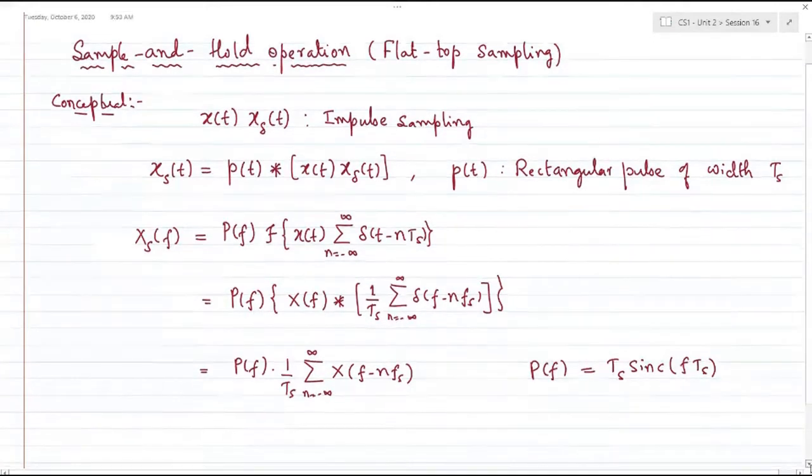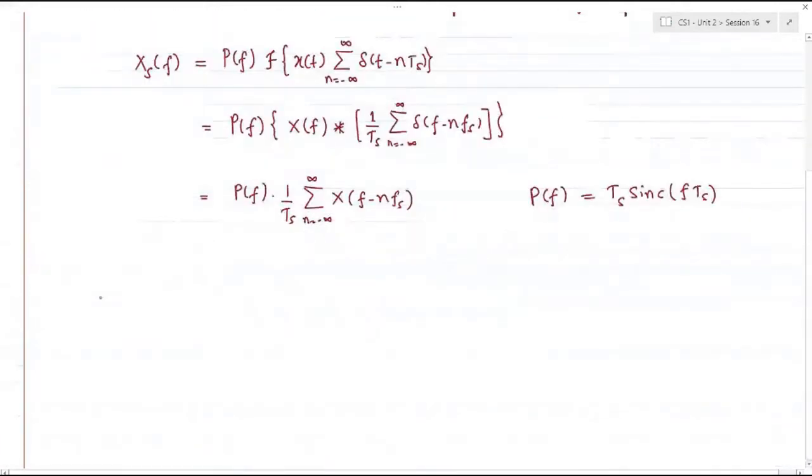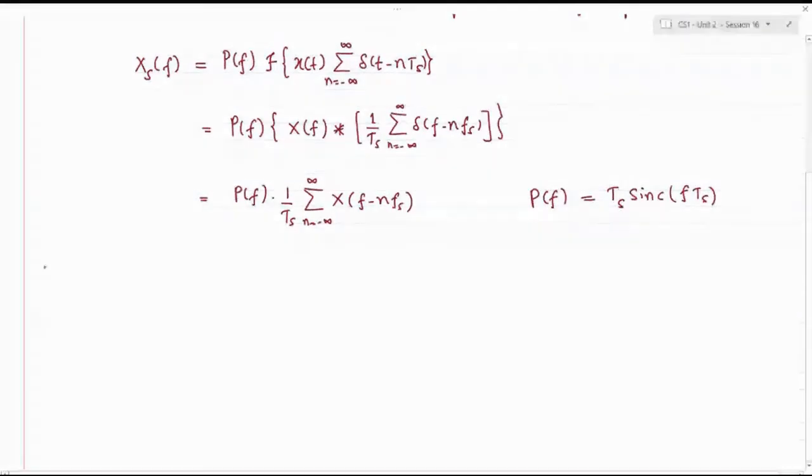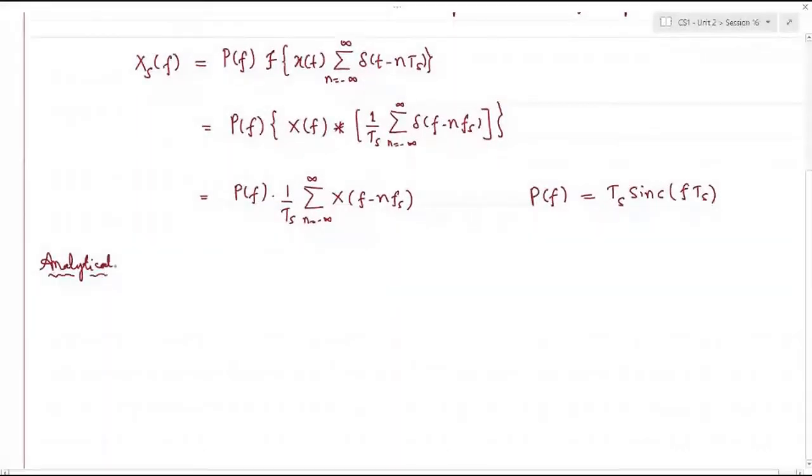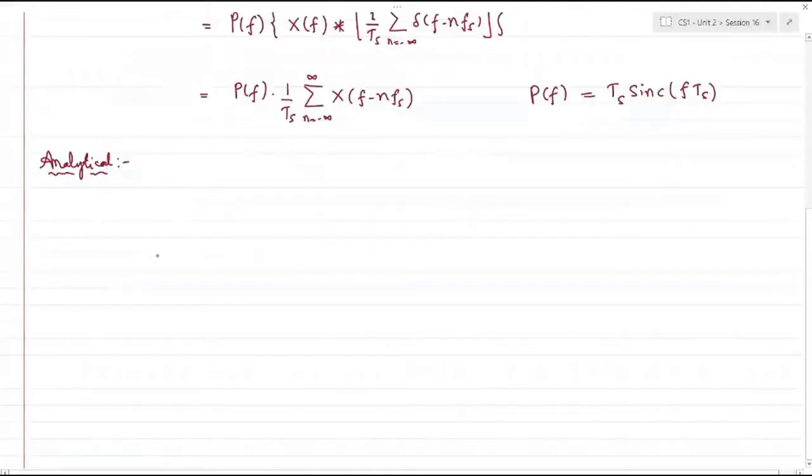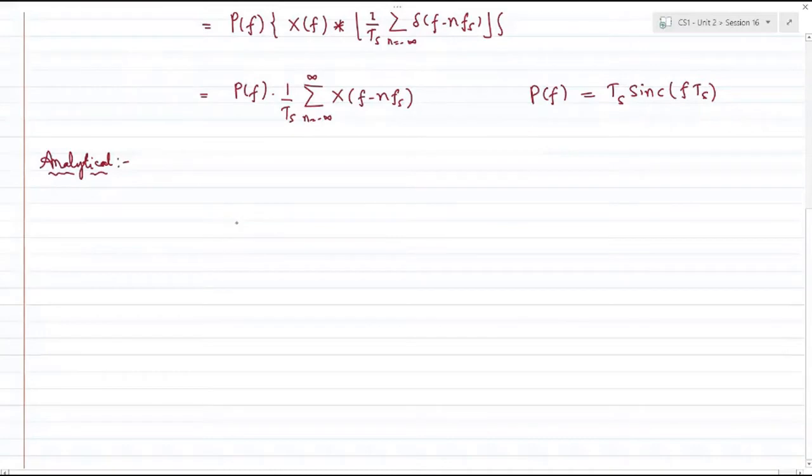To have an analytical understanding of this, we'll look at a sample and hold circuit itself. This is a little interesting as far as this operation is concerned. As I told, this comes with sampling, which is like a switching operation, and holding with respect to a capacitor.